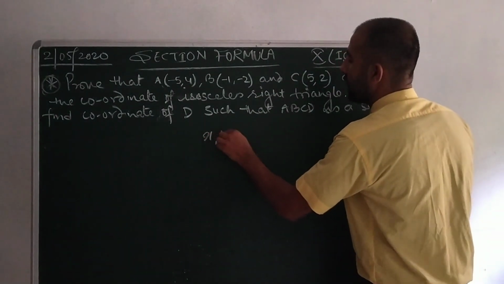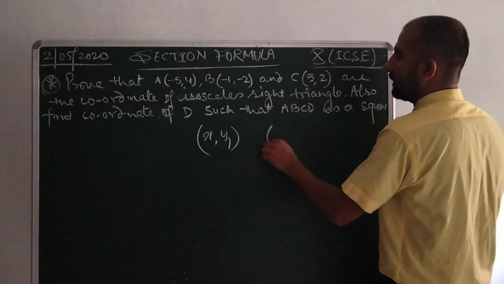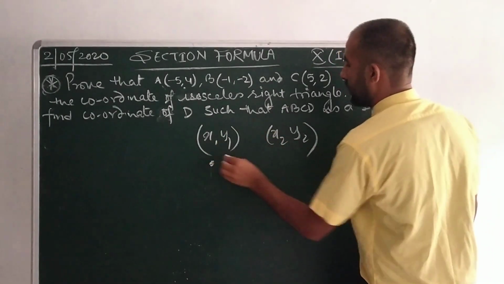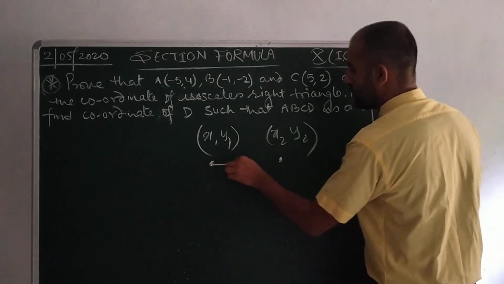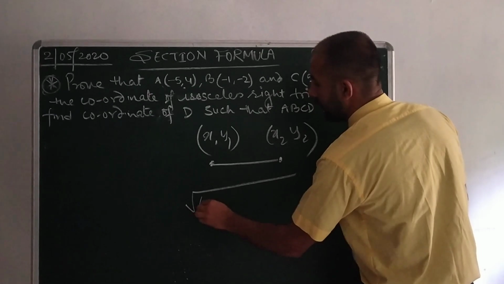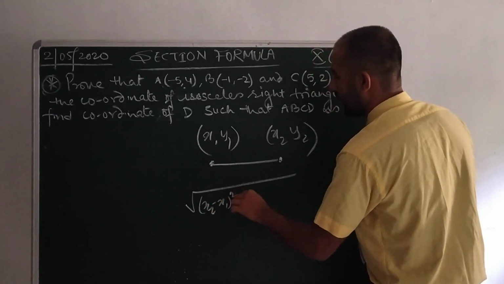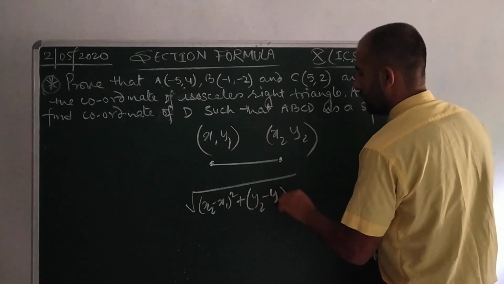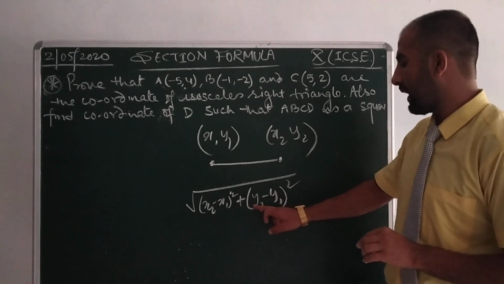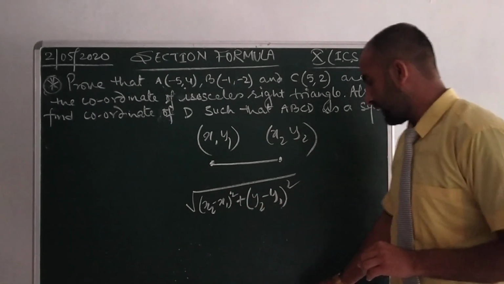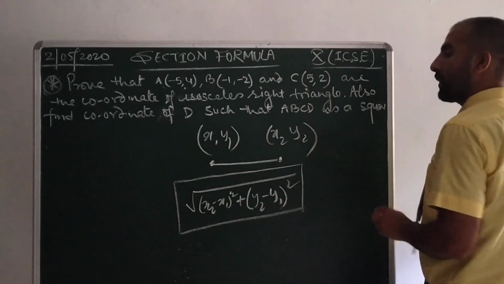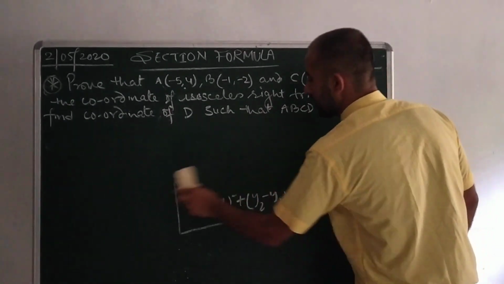If (x1, y1) and (x2, y2) are the coordinates of two given points, then to find the distance between them, we have the distance formula as root over (x2 minus x1) whole square plus (y2 minus y1) whole square. This distance formula, which we have already done in class 9, you are going to keep in mind while solving this question. Okay, let's get started.